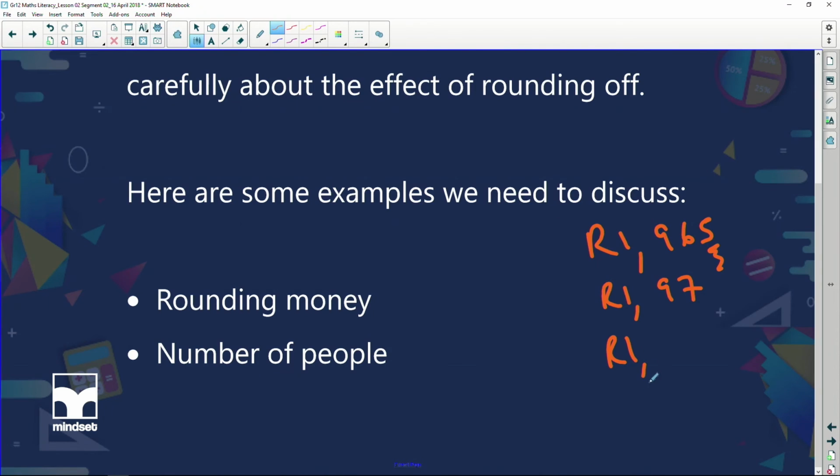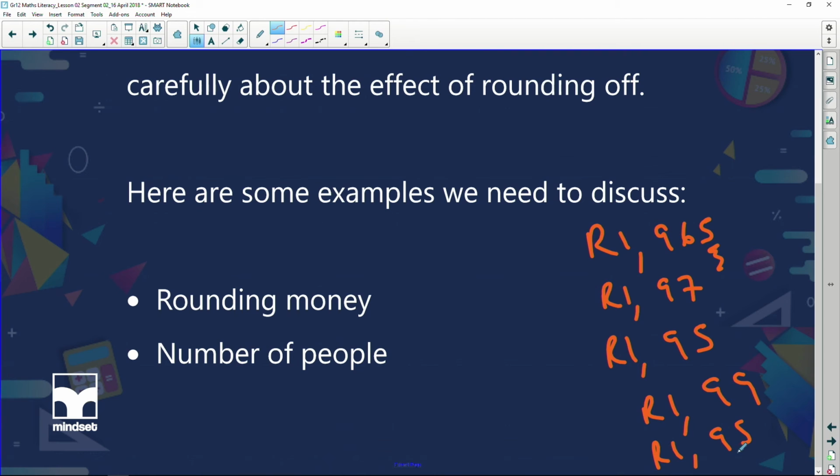Okay, so 1 rand 97 is going to be 1 rand 95. Even folks, if the price is 1 rand 99, they may not charge you 2 rand, even though it's so close to 2 rand. They can only charge you 1 rand 95. They've got to round that amount of money.